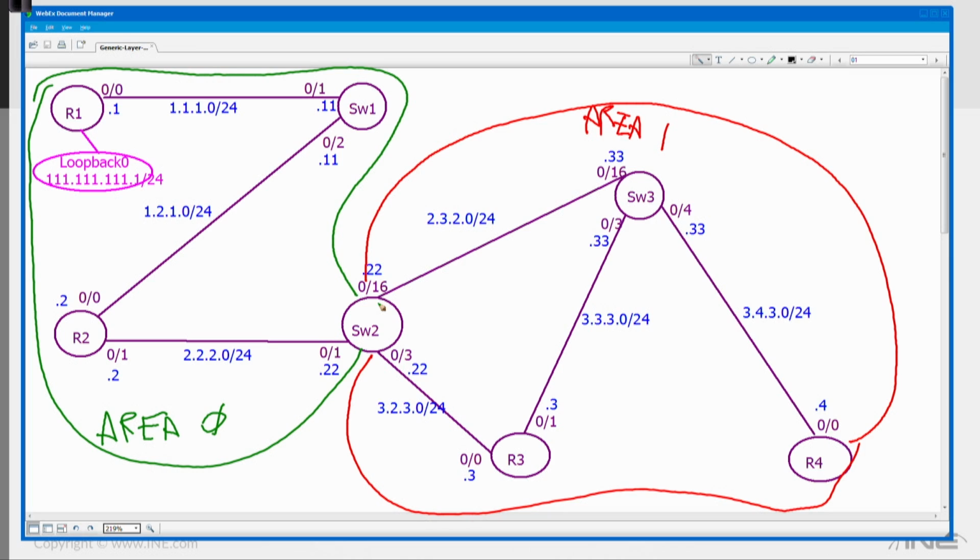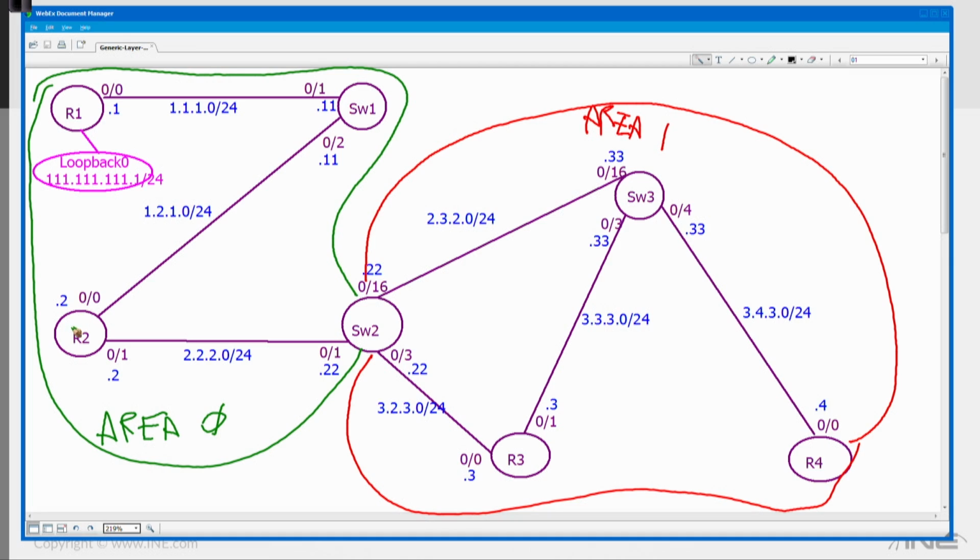Another type of router is a backbone router. A backbone router simply means a router that has at least one link in area 0. So these four devices here, R1, switch 1, R2, and switch 2, they are all considered backbone routers because they all have links in area 0.